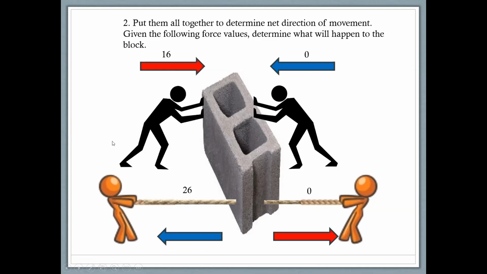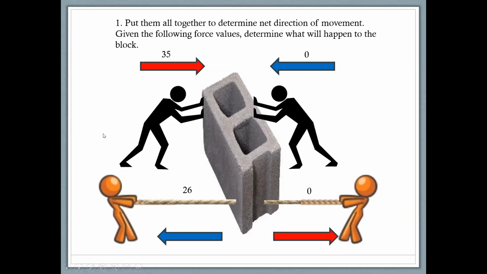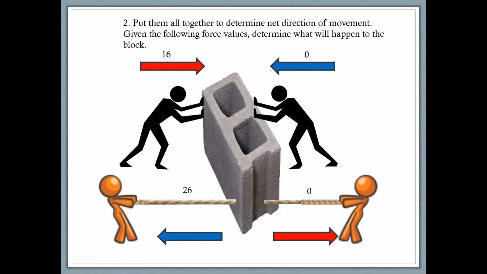So we actually end up now with a net change of 10 to the left. Here we were 9 to the right, now we are 10 to the left. So you can see just by changing one of the values, and of course these are 0 over here, if we change those numbers, we still work the equation the same way. That gives you that net change in cinder block movement.